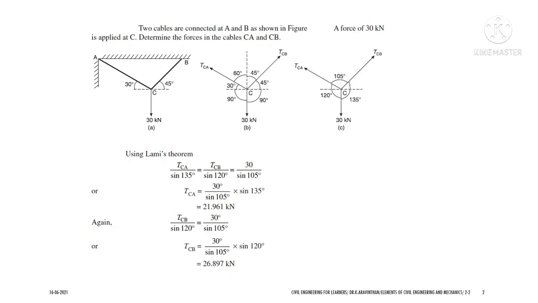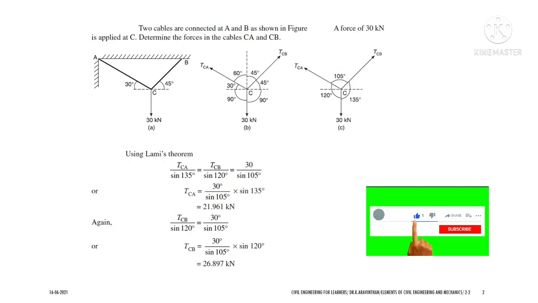Such a huge weight has to be carried, and it might be the weight of an empty heavy vehicle like a lorry, about 3 ton. So imagine the capacity of this rope or cable. What we have to find is the force transferred to CB and CA. So let us find that.